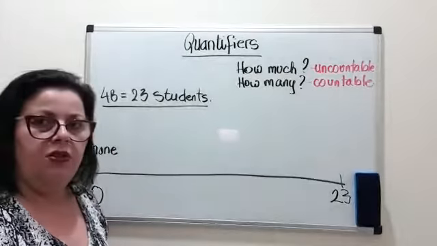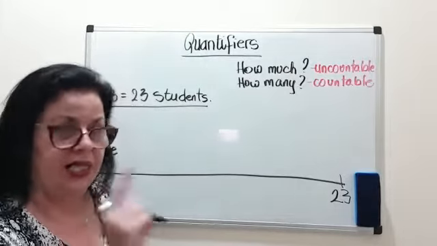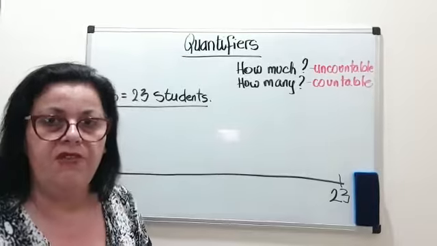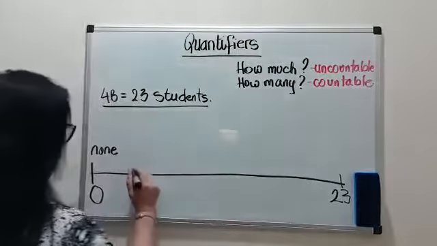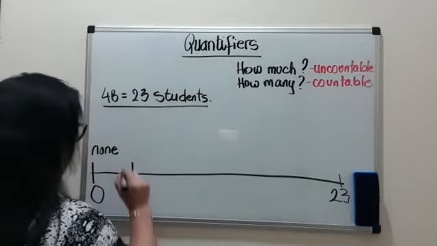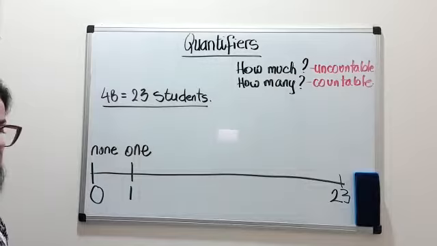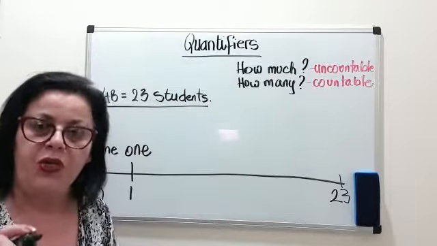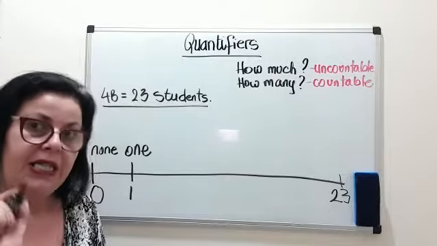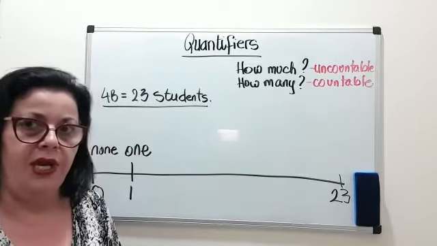If I say only one of my students attended the meeting, of course, I'm speaking about one student. Here is 1. In Year 4B, only a few students attended the conference call yesterday morning.